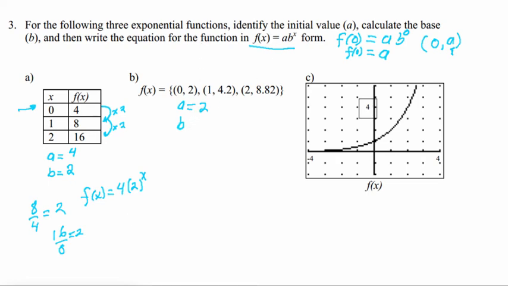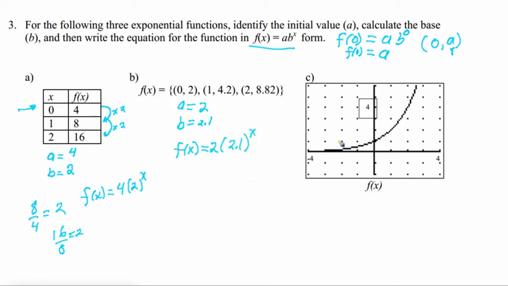So f of x is equal to 2 times 2.1 raised to the x power.